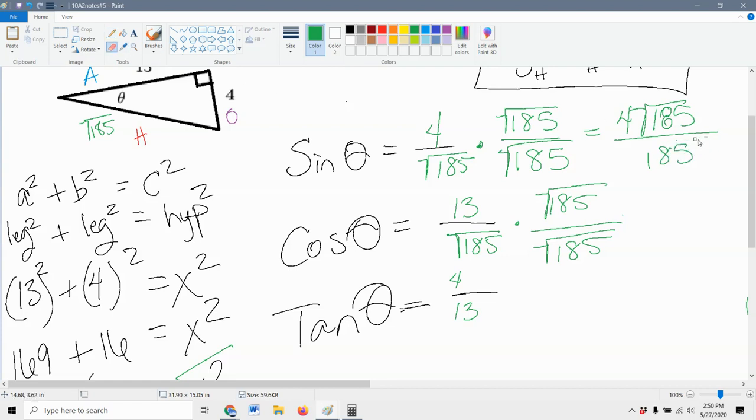Once again, I'm not going to count it wrong like this, but for those of you moving on to Math 3, I really want you to remember we don't like those radicals in the denominator, so you're going to rewrite that using this technique. And this is how you would end up with your trig ratios. Okay, thanks for watching, guys.